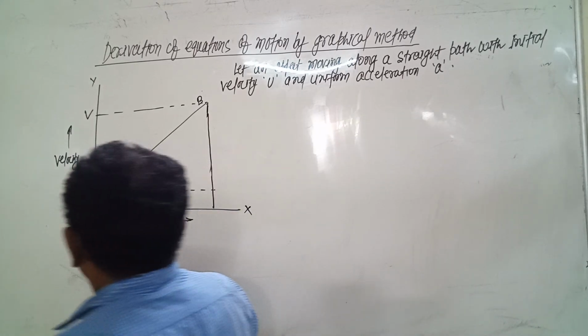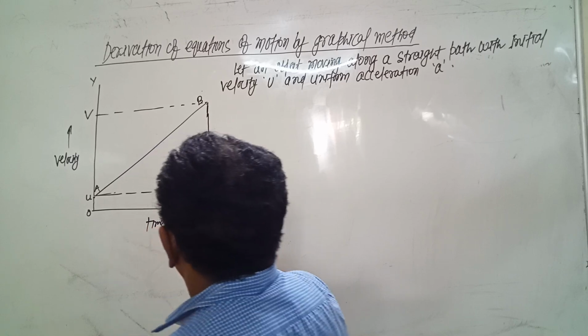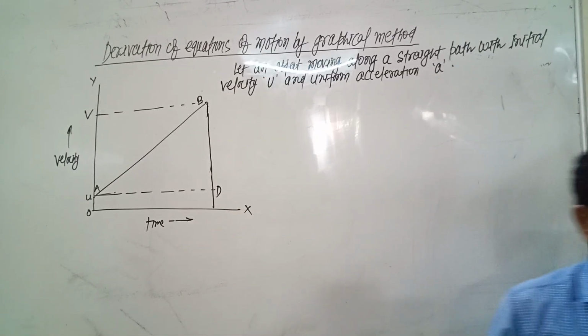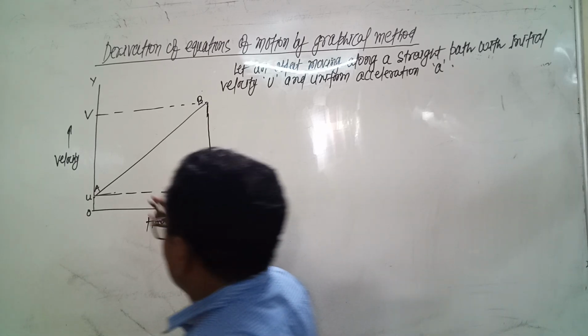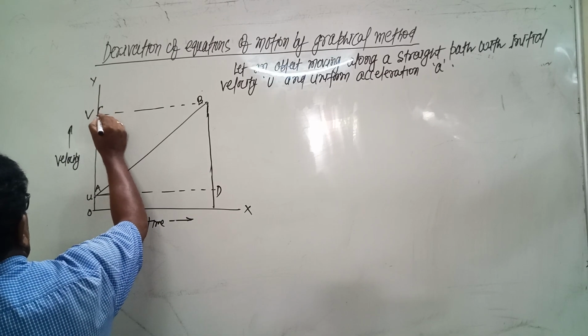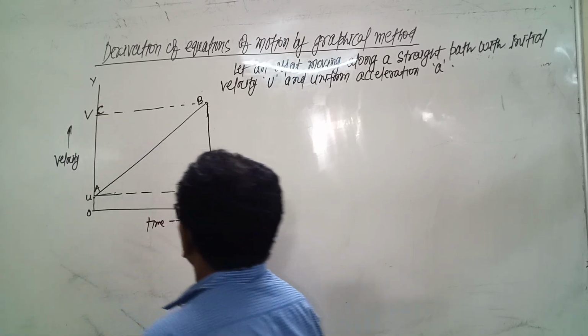This is O, A, B. Suppose this is point D. So the body is moving with initial velocity u and acceleration a. Name this point C, and this point E.